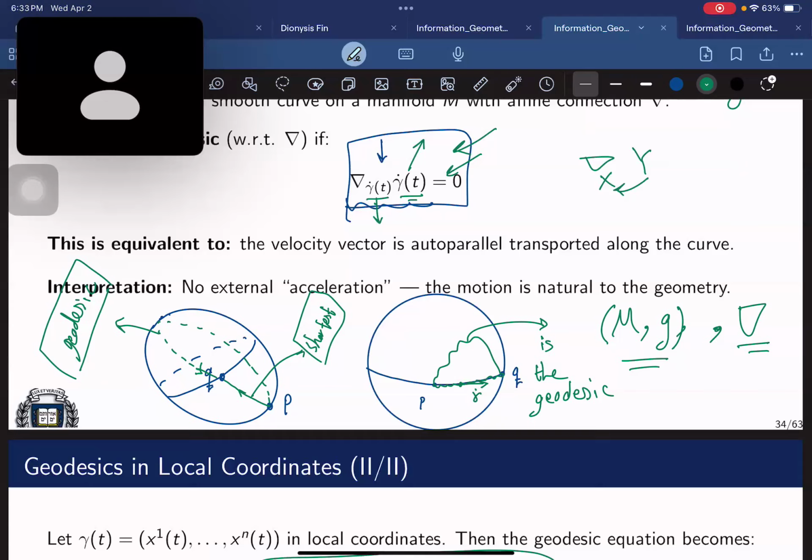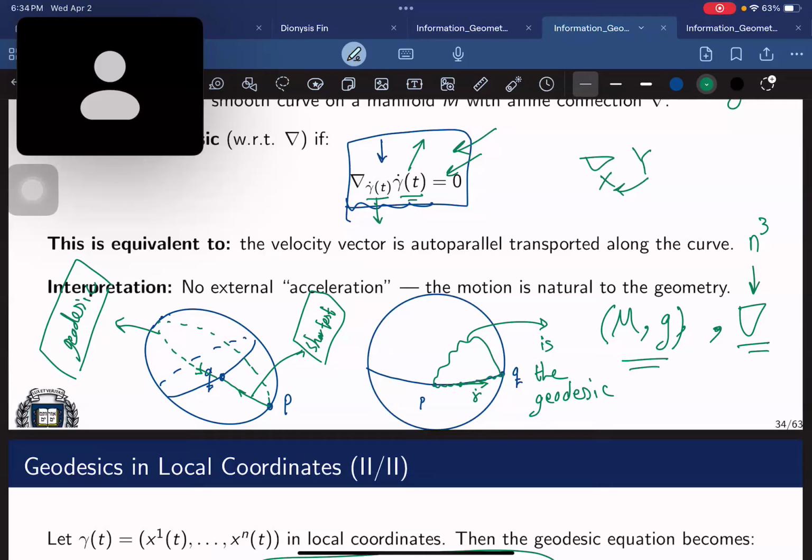Although it does not look straight, although it does not look like the shortest path, I can come up with a concept of curvature, which is represented by the affine connection, which is represented by n to the power of 3 functions.